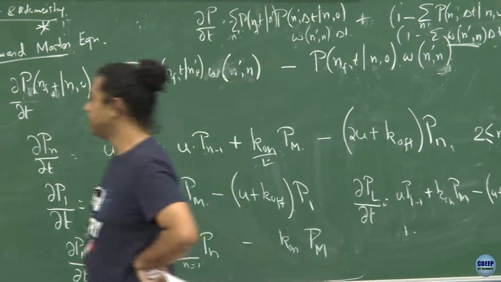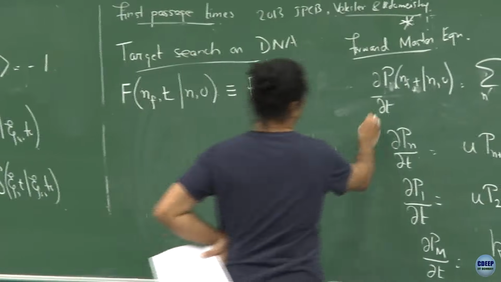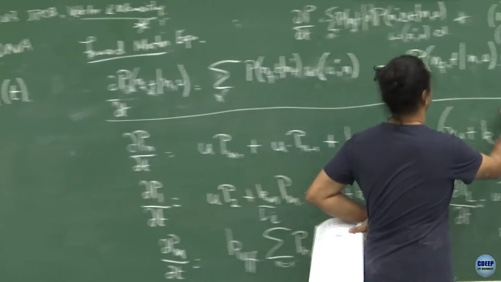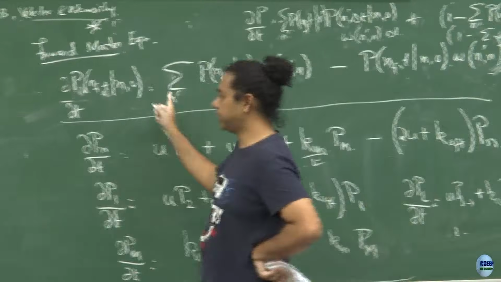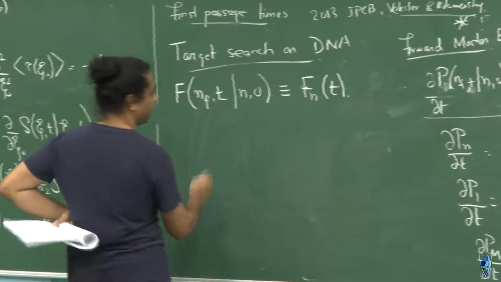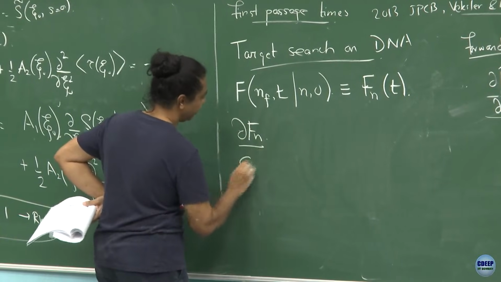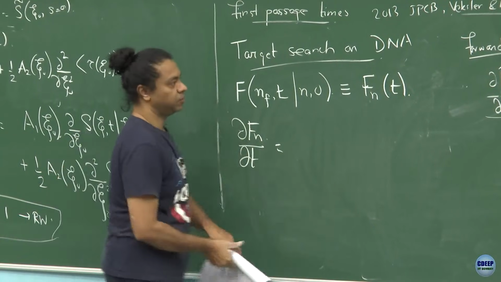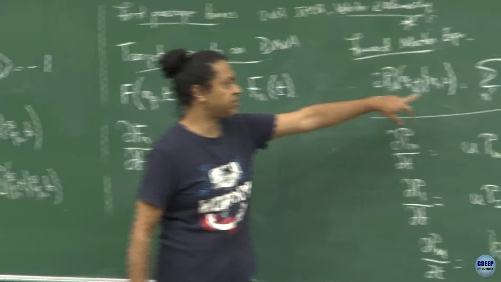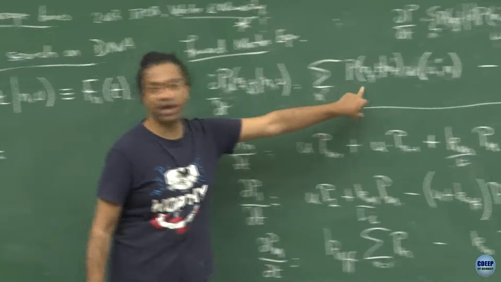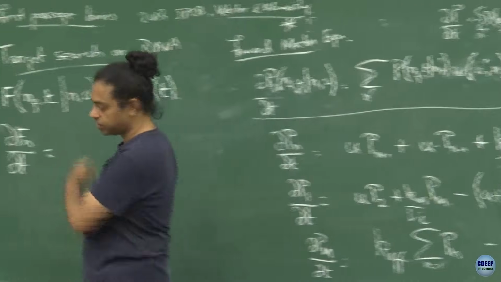Okay. All right. So now having said this, so this is my backward master equation, and like we had shown, I will write this next day, del Fn del t will obey exactly the same structure, except instead of P, I will have F everywhere. Okay, so that's what we'll write.